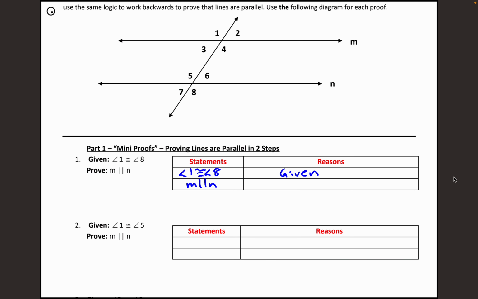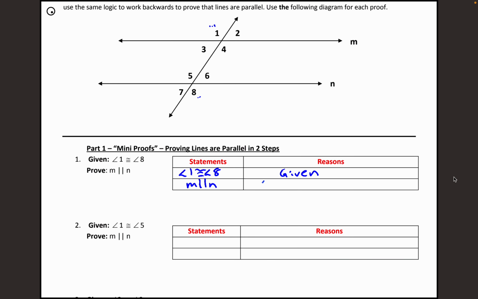So now we're proving that lines are parallel. What's the one word I said we have to use? Converse. But when we look at this image above, how can I say angle 1 and angle 8 are congruent? They're alternate exterior.